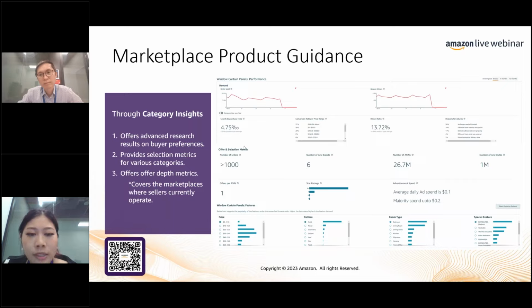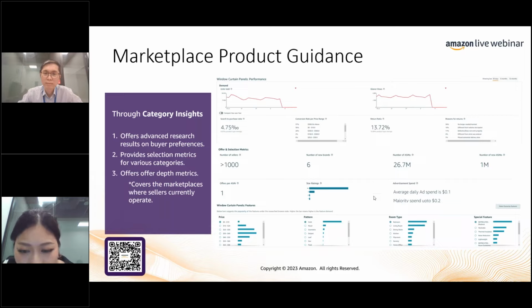Over here, you'll be able to see the number of sellers selling, how many new brands are here, how many ASINs, etc. This is really on a subcategory-wide level, so the numbers will be very huge compared to the niche level. But what's important here that you can take note of is really the return ratio and search to purchase ratio, right?